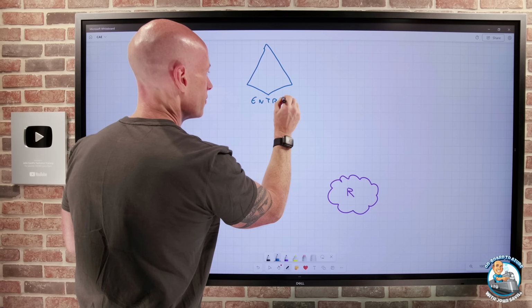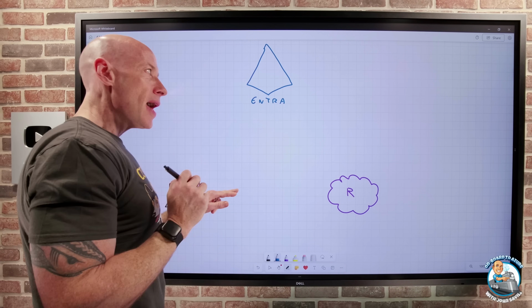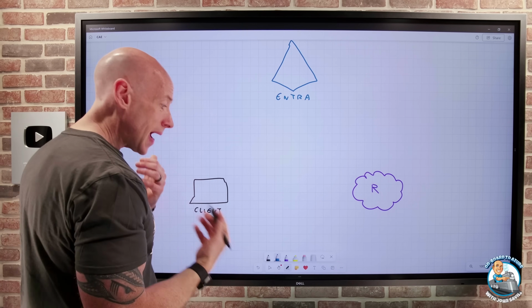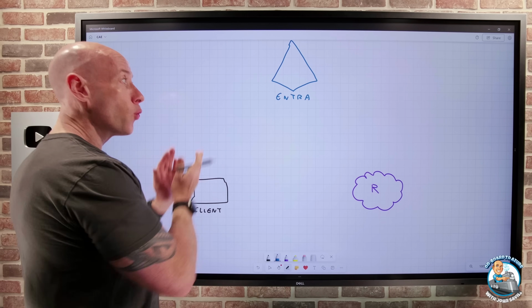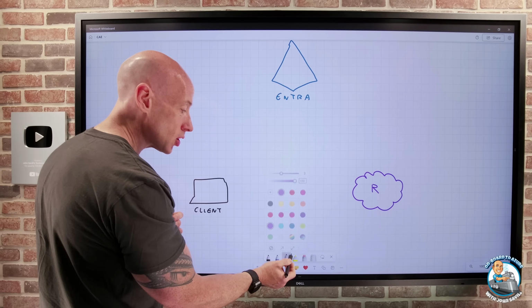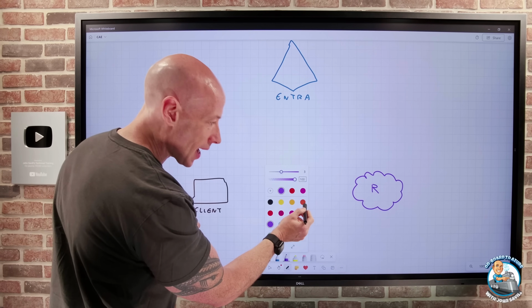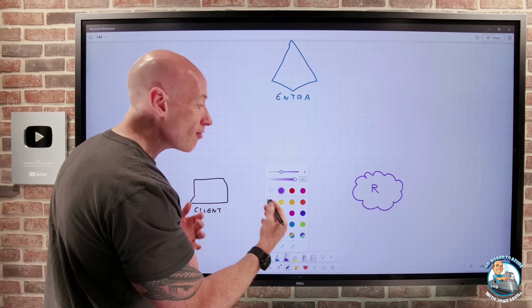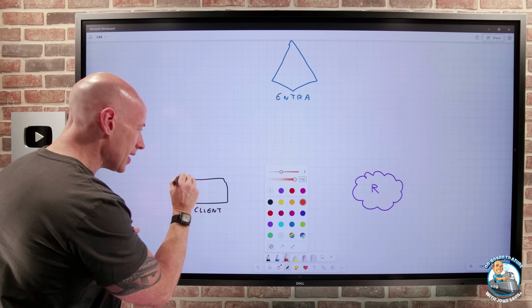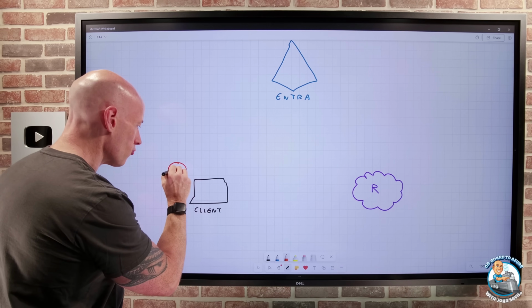So we have Entra. And if I want to talk to this resource, what's happened is I have authenticated to Entra. Now, when I did that authentication, I got a refresh token. So I've got a refresh token sitting in my computer right now.